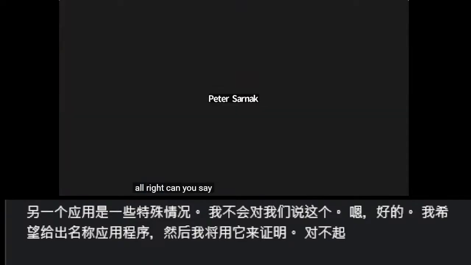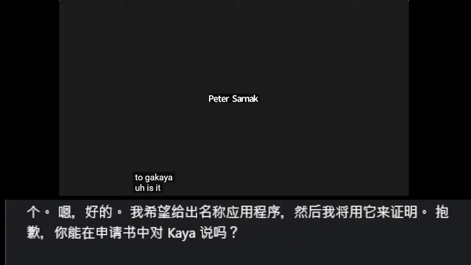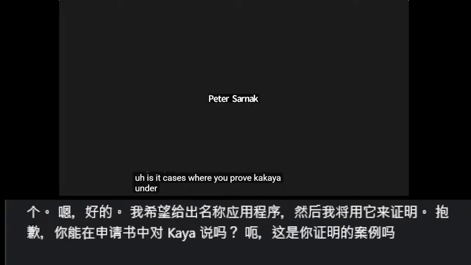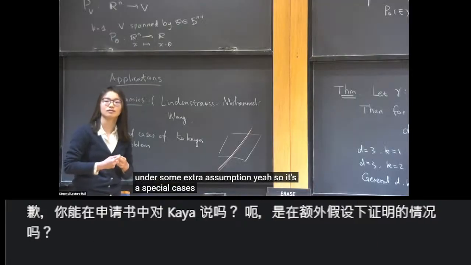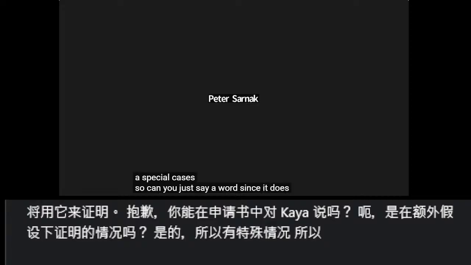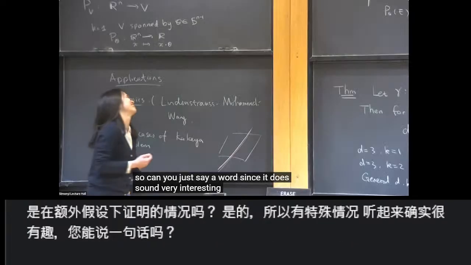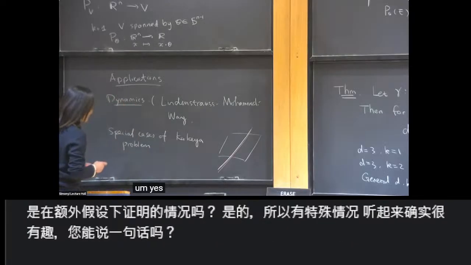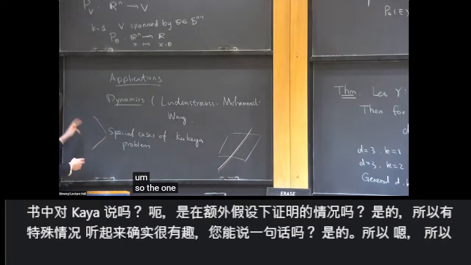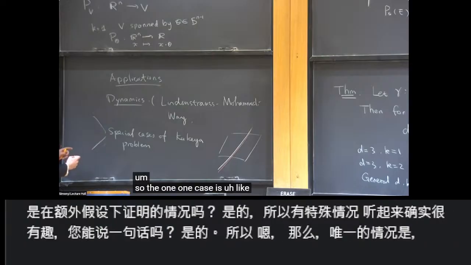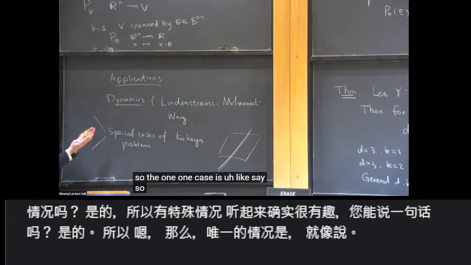Sorry, can you say in the application to Kakeya, is it cases where you prove Kakeya under some extra assumption? Yes, so there are special cases. So can you just say a word, since it does sound very interesting? Yes, so the one case is, say the Kakeya set is a set that contains a unit line segment in every direction.